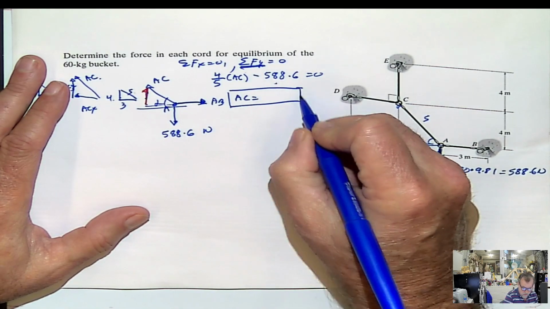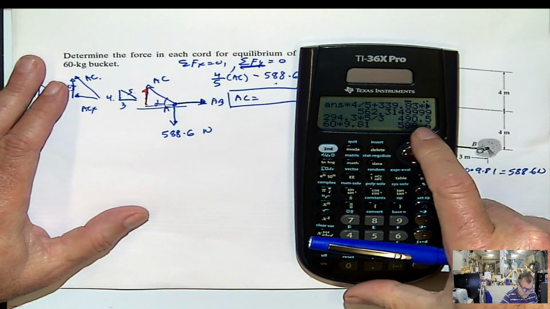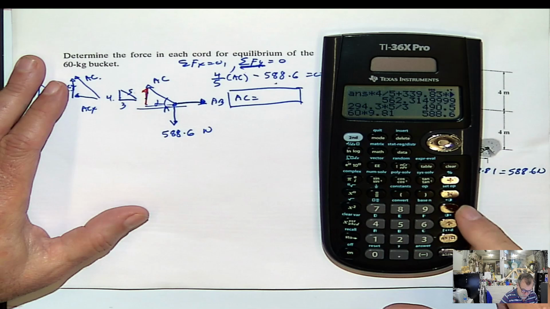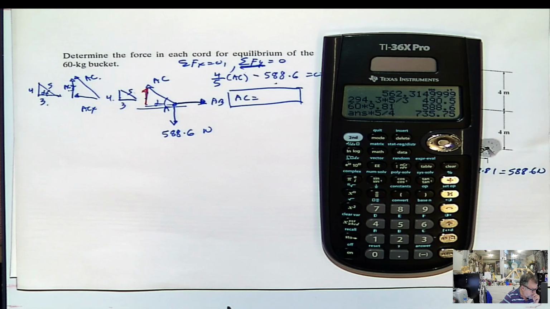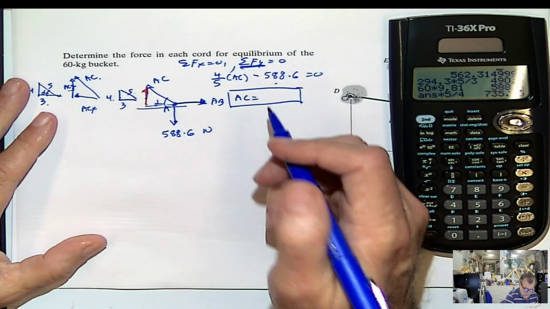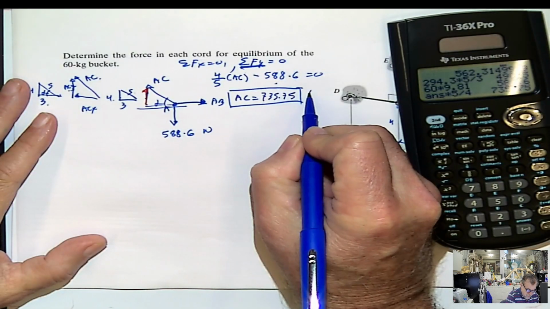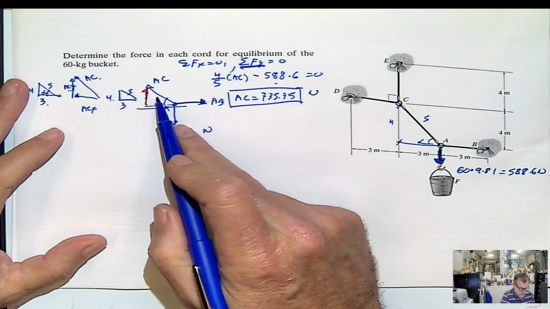You feel free to do it in any way that you see fit. So basically we have 588.6 multiplied by 5 divided by 4 is negative. So when I pass it to the other side, it's going to be positive 735.75 Newton. Good. And now I know this force.